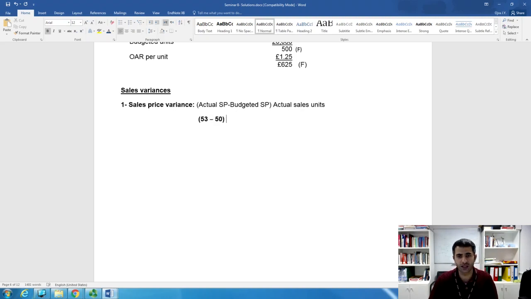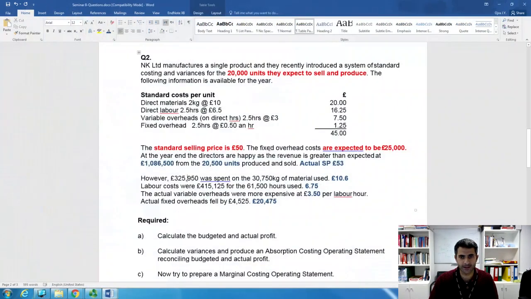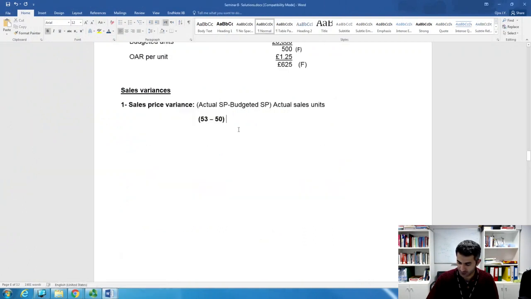Then you multiply by the actual sales units, which is 20,500.